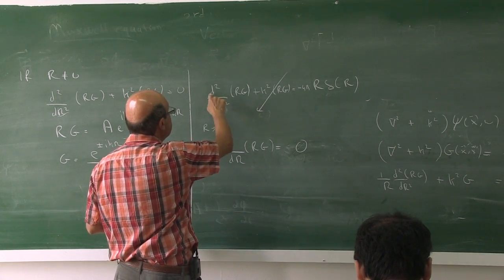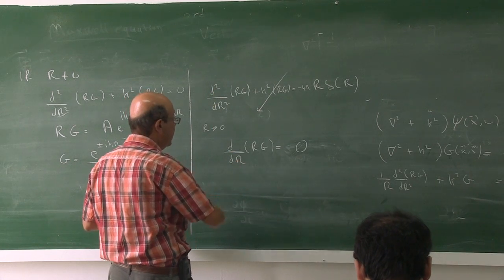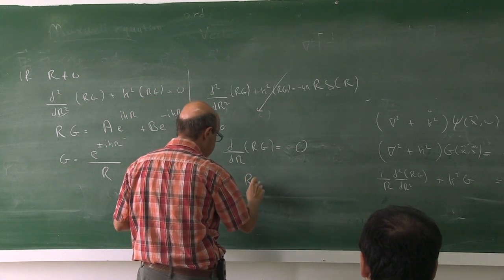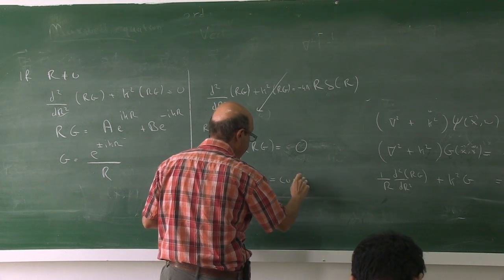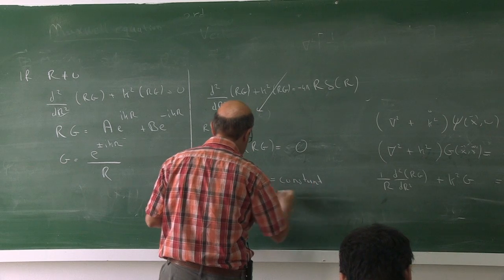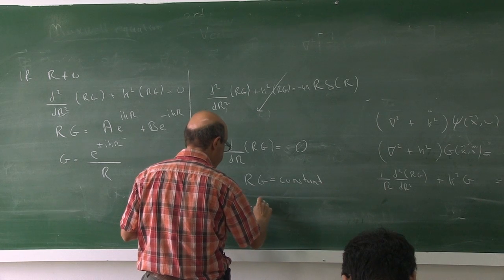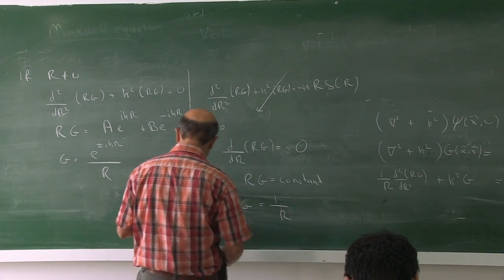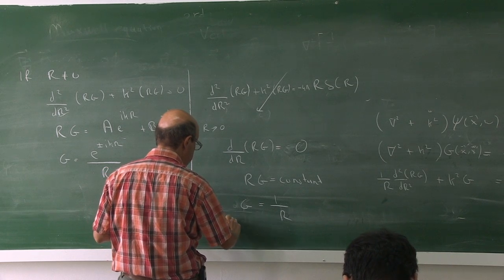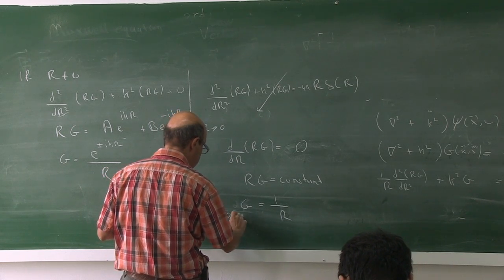And one integral of this will be d over dr, and that means that rG is constant. So let us freeze the constant as 1, and that will be G equals 1 over r when, let us say, kr goes to 0.